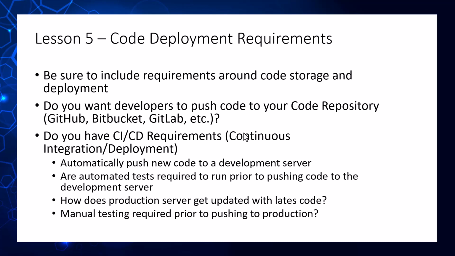But essentially, you want to make sure that you're outlining what is the standard procedure and order of operations, ensuring that we get to, somebody codes a new feature, how does it get into the live application that end users are going to be connecting to. And also, any type of manual testing that is required prior to pushing it to a live environment.